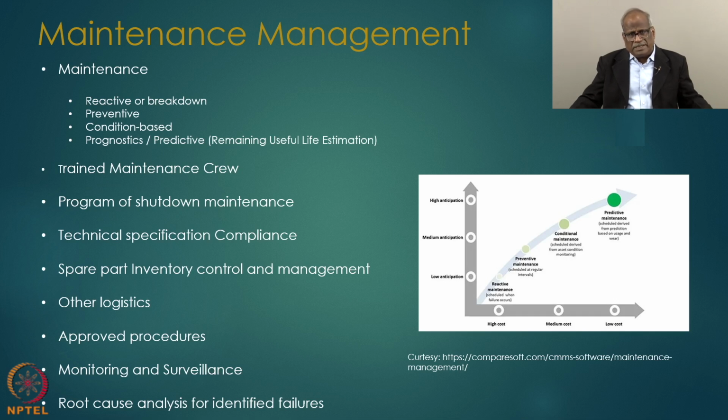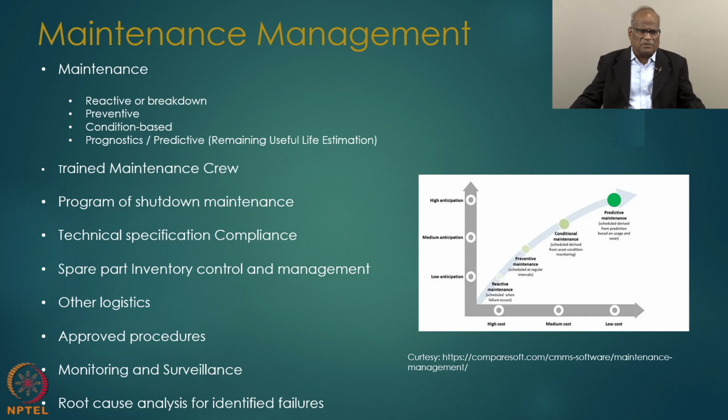Even for maintenance, as I mentioned in my previous slide, you have to comply with the technical specification: what should be the frequency, what kind of maintenance, and how it has to be tracked. And then in maintenance, spare part control and inventory management, which will again come in our risk conscious operations management and logistics.